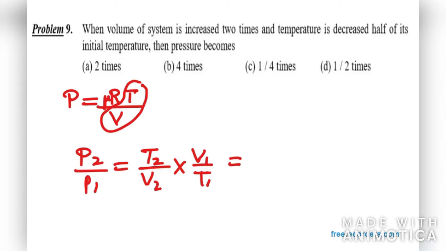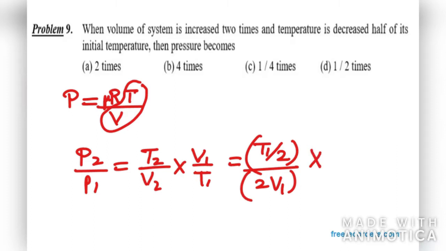As it is given that the temperature has decreased to half of its initial temperature, that is T1 over 2, over V2. V2 has increased 2 times, that means 2V1, into V1 over T1. T1 gets cancelled out, V1 gets cancelled out.